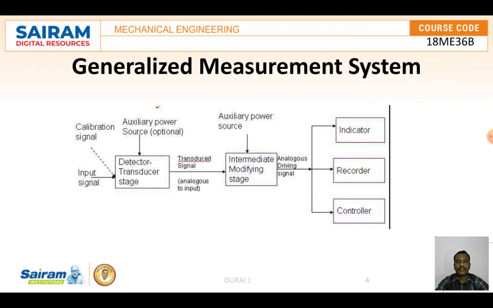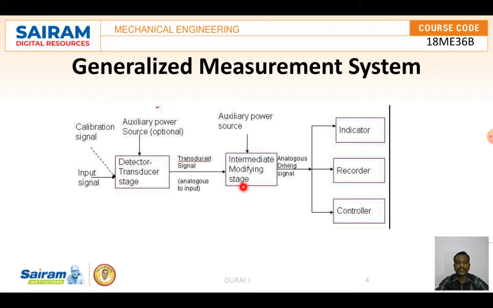This is the block diagram of the generalized measurement system. Here the input signal is provided. The first one is the detector transducer stage, and it detects the input that is provided. Then the transduced signal is sent to the intermediate stage, where it is converted into the required output.